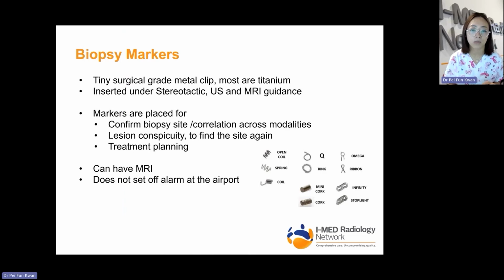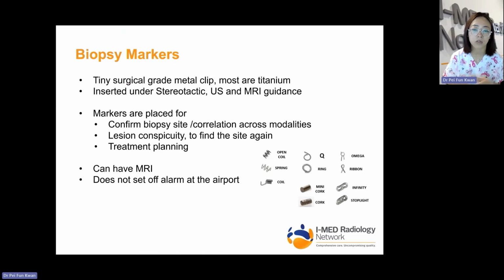If the pathology has returned any atypical cells or malignancy, then we need to find the same site for the surgeon to excise. And other common indication to leave a clip is when there is a malignant mass and the patient is going to have neoadjuvant chemotherapy before surgery.